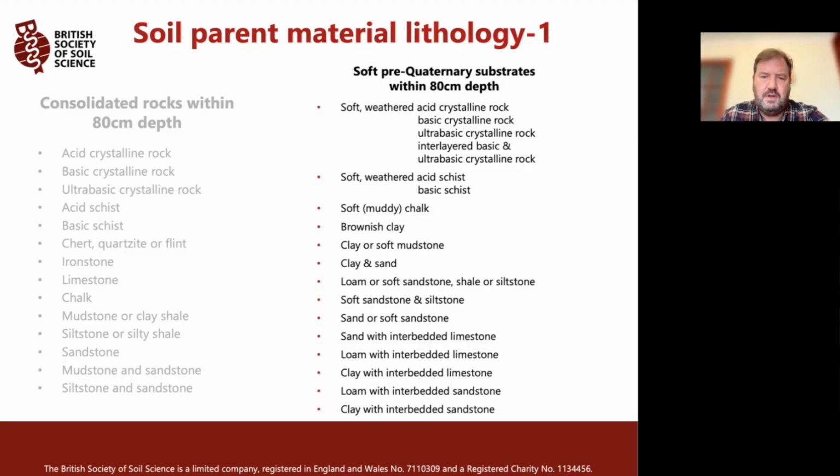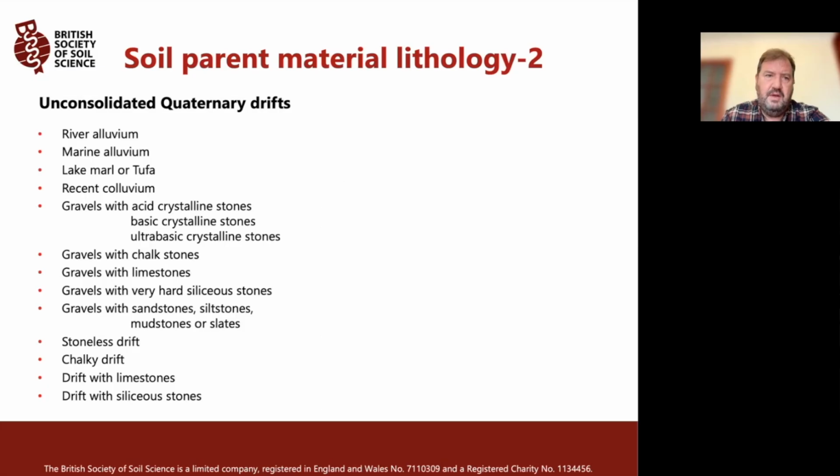So softer soils, parent materials. Then, of course, the drifts that have formed since that period, since 2.58 million years ago, the quaternary period, the alluvia, lake marls, colluvium, as we discussed earlier, and gravels and so on, which have been laid down and drift.